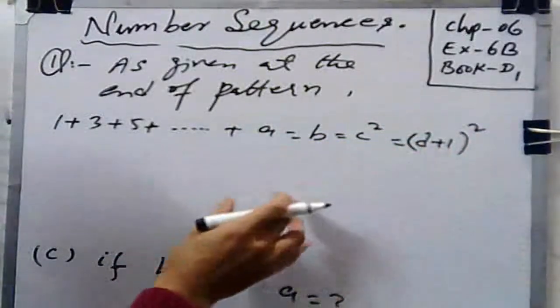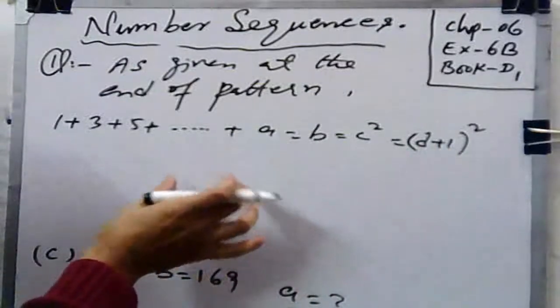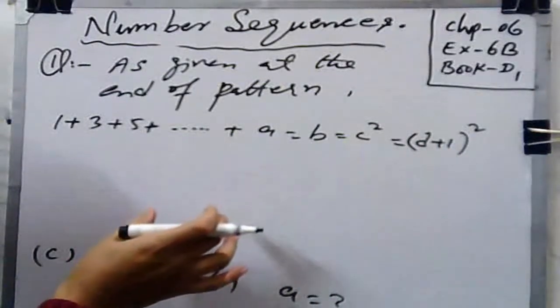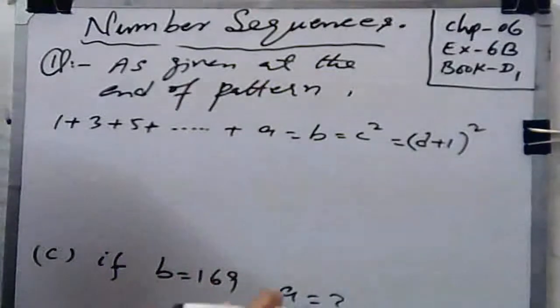It is given at the end of the pattern in question number 1. So how can we find the value of A, C and D?